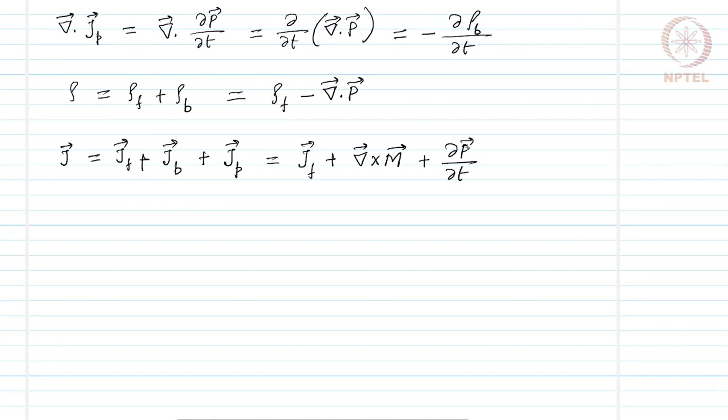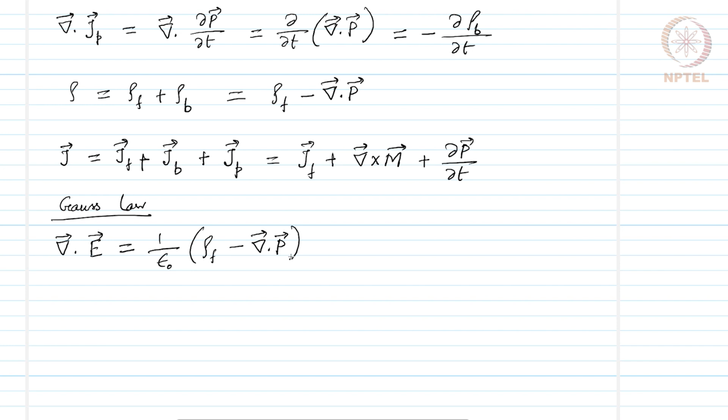And once we have this, the Gauss law would take the form, the divergence of the electric field is 1 over epsilon naught times rho f minus the divergence of the polarization.